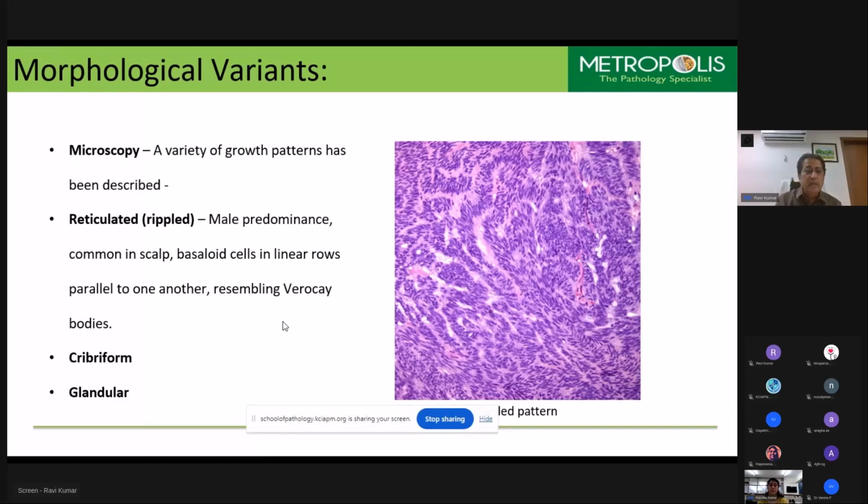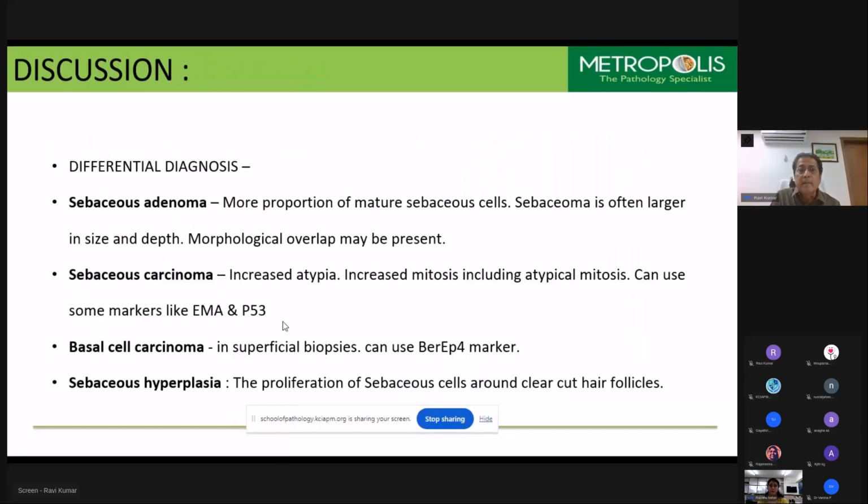That's one thing. Second, we have the cribriform variant. You see holes, like what you call Jerry in Kannada, right? So that kind of picture can also be seen. I don't have a photograph of that. And usually we can also see a glandular pattern, right? So these are the other variants where you can have a differential diagnosis of other lesions as well.